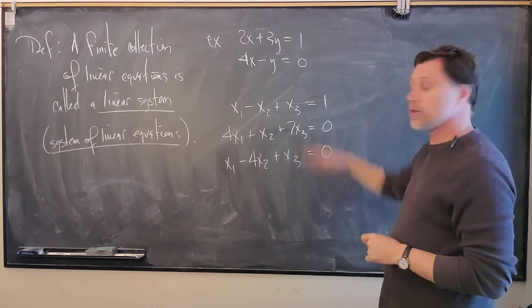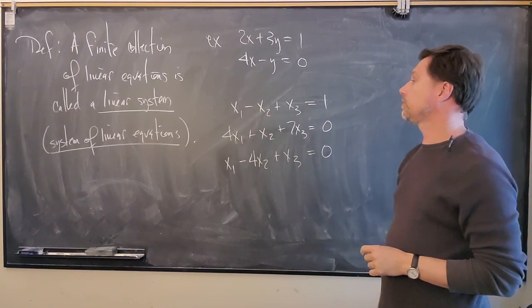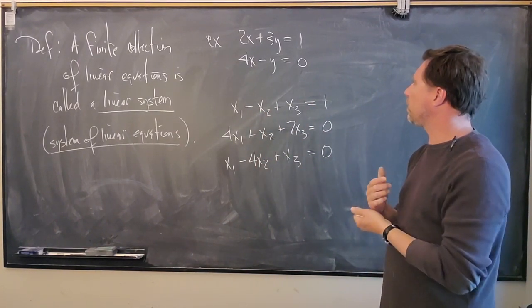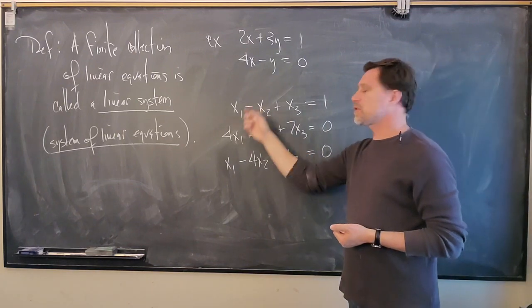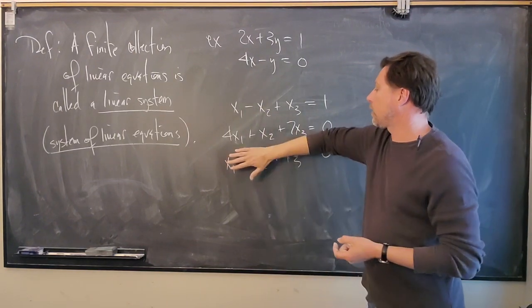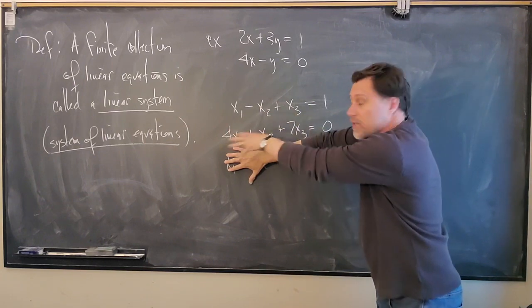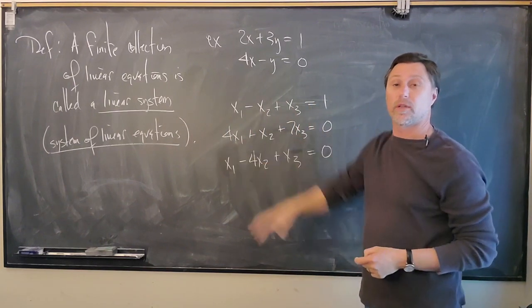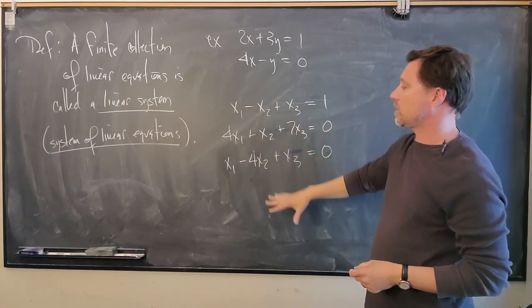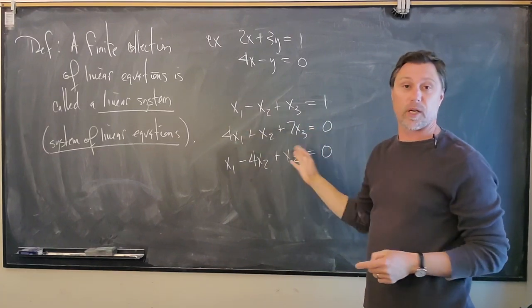All right, here's another example of a linear system. Now, one thing to point out, yes, I have three variables and three equations. That's not necessary. If I would have just done this with three variables and two equations, that's still an example of a linear system. Right? So the number of equations does not have to match the number of variables to be a linear system.